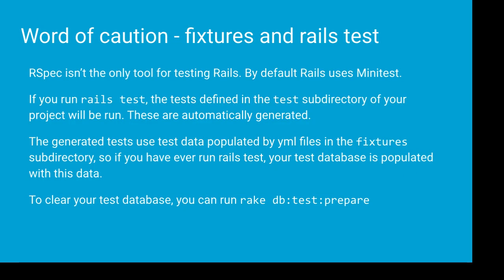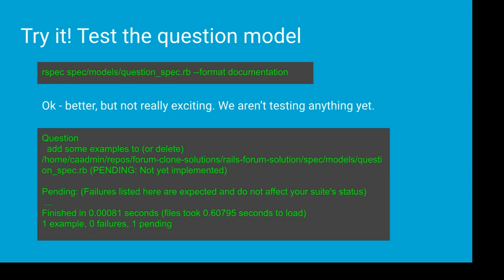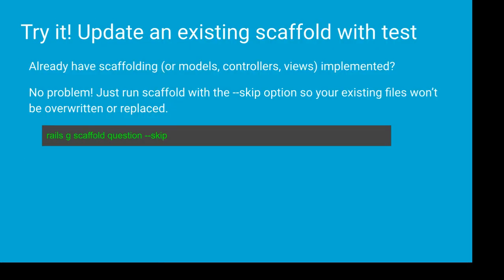Yeah, I got an issue. Okay, what'd you get? The spec folder hasn't gotten anything yet. Okay, you ran Rails g scaffold question --skip? Because the first time I did it, I forgot to put question in it, and it didn't actually do anything.